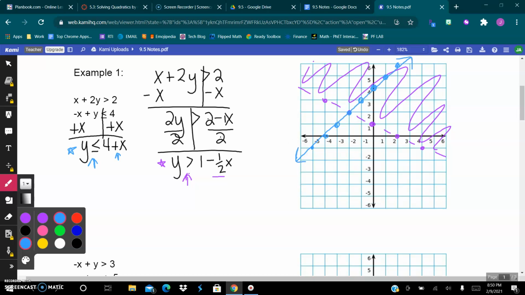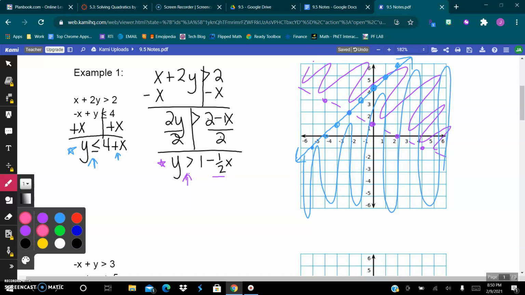We read that y is less than or equal to, so less than means under the line. I'm going to shade under that blue line. Our answers are where the two graphs overlap. In this case, they overlap here, and we want to make this a darker area to show that's where our solutions are.